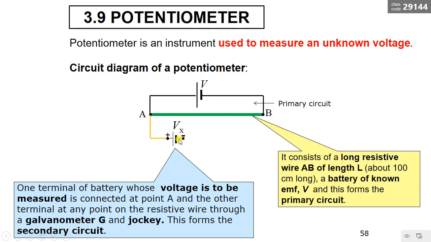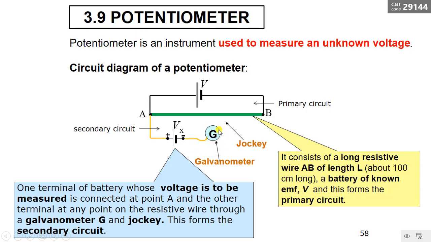Then the other terminal, the negative terminal of the unknown battery, we are going to connect to any point on the resistive wire through a galvanometer and jockey. From the negative terminal, we connect to a galvanometer first.